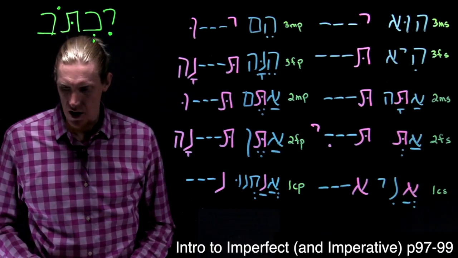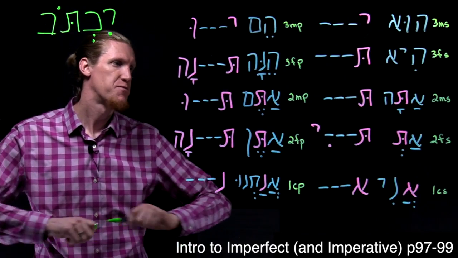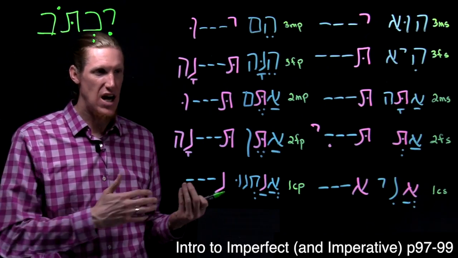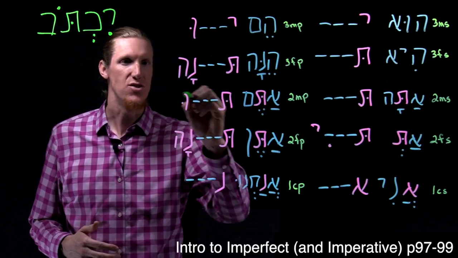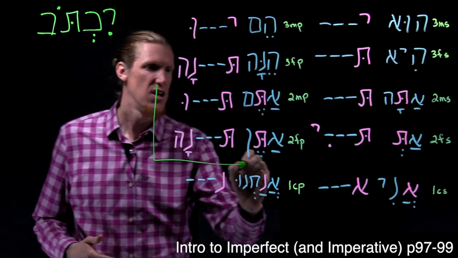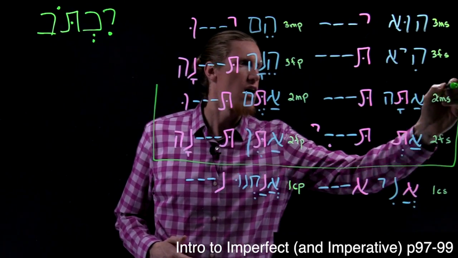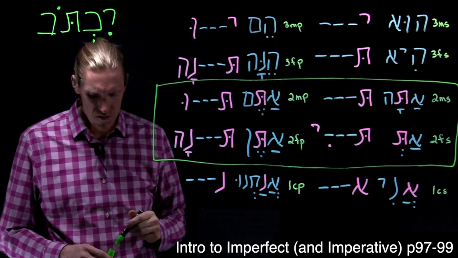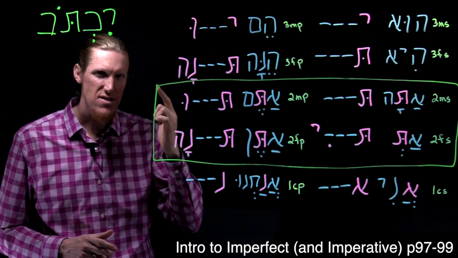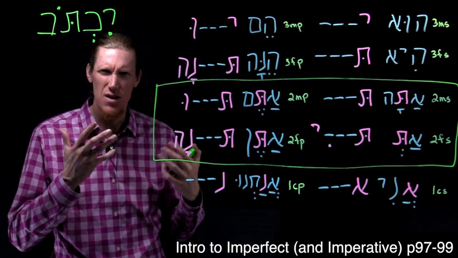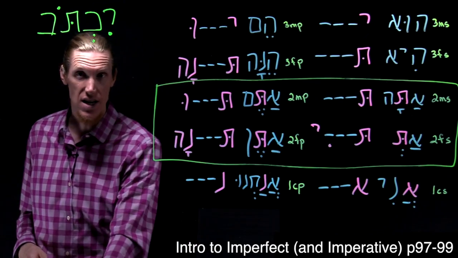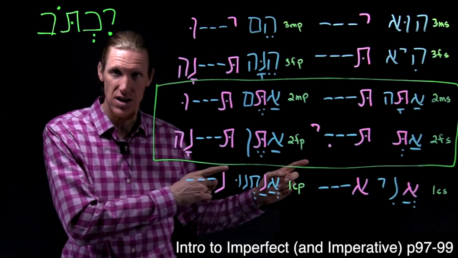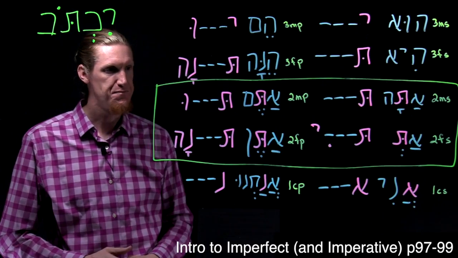So there's one other thing to think about here, which is going all the way back several chapters to when we first introduced the imperative. If you look at just the second person forms here, you may notice or recall or feel some sort of familiarity between the prefix complements and the imperative endings that you learned way back when.